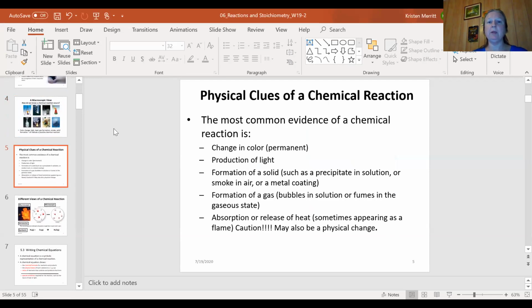And this is the same thing in a metal coating. You have metal forming a coating on something you've put in there, or on your flask. But remember, it doesn't guarantee that this is a chemical reaction. This is just potential. But you see this, there's a really good chance you had a chemical reaction.